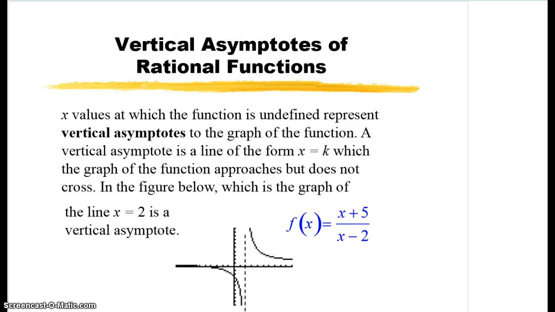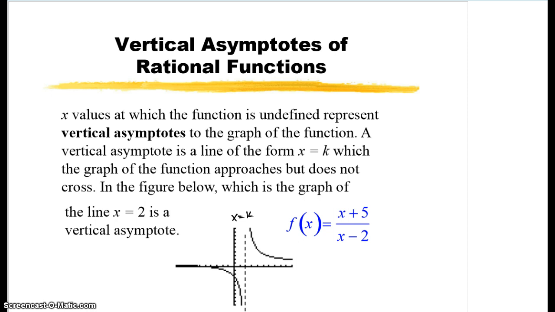Okay, let's talk a little bit about vertical asymptotes now of these rational functions. As you read, x values at which the function is undefined represent what are called vertical asymptotes to the graph of the function. What is a vertical asymptote? It's a vertical line of the form x equal to k, which the graph of the function approaches but does not cross, as in this example, x plus 5 over x minus 2.